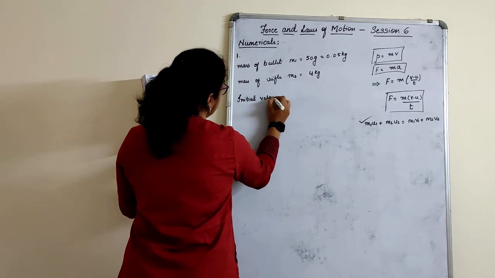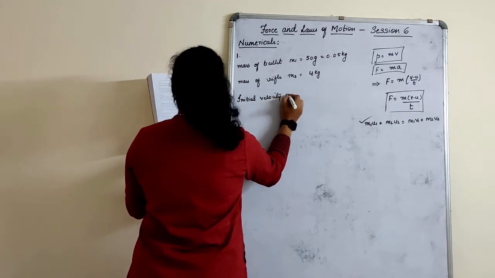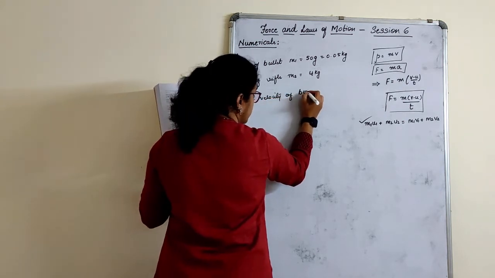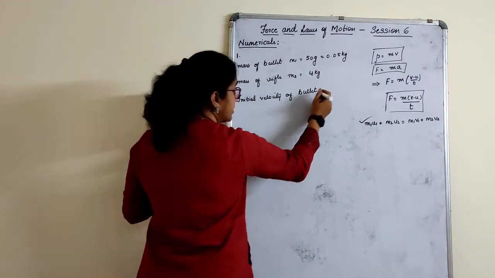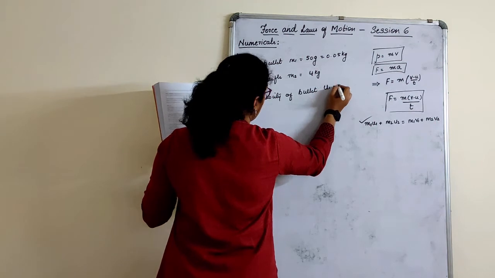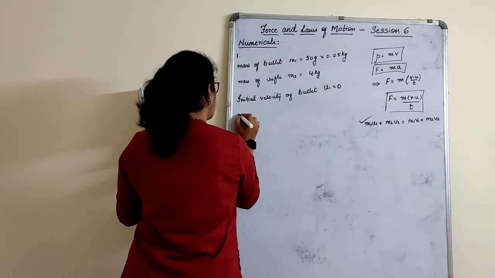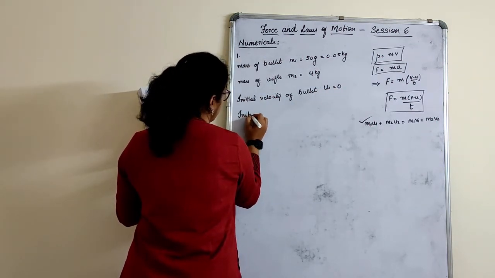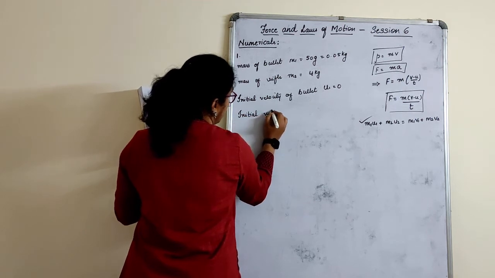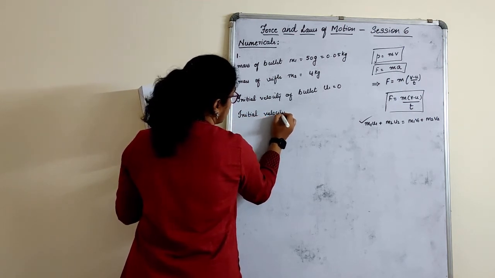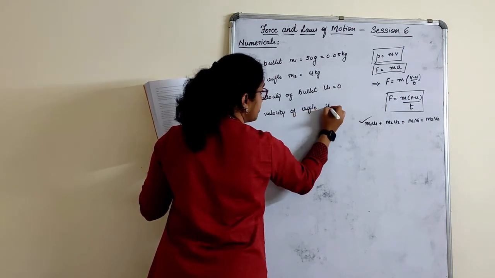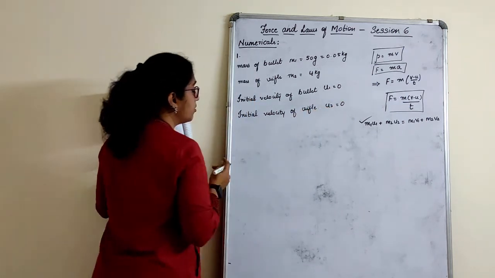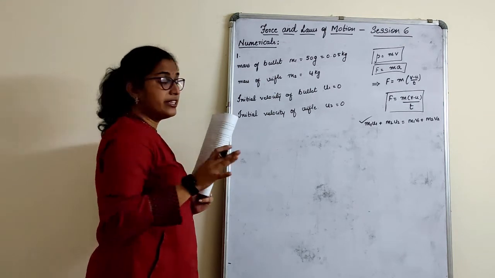Initial velocity of the bullet: the bullet is at rest, so u1 is equal to 0. Initial velocity of the rifle: the rifle is also at rest, so it is equal to 0. Both initial velocities are zero as they are at rest.